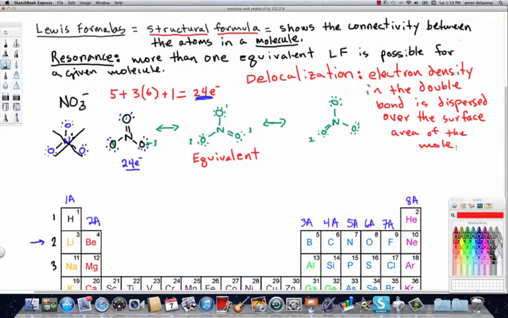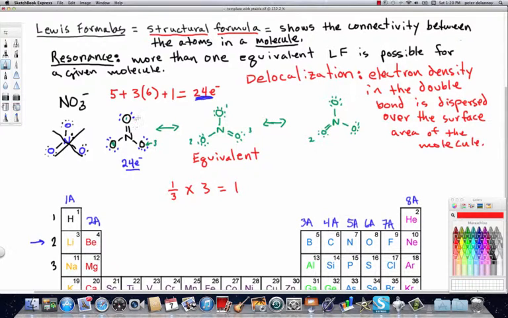Essentially, nitrate doesn't really have a double bond in it. A fraction of the double bond character is split over all 3 bonds that are here. In one way of thinking about it, there's about one-third double bond character for each of the multiple bonds in this case, so one-third times 3 bonds is equal to 1.